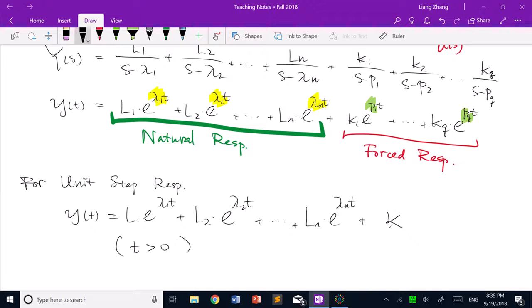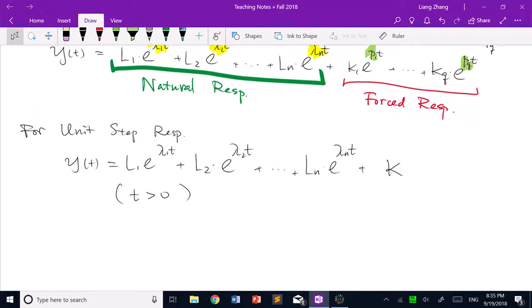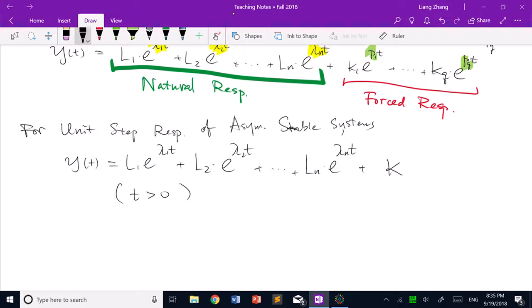Now, of course, we can say this is because we assume the system is asymptotically stable. For asymptotically stable systems, this is possible.